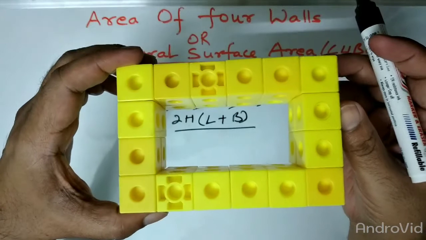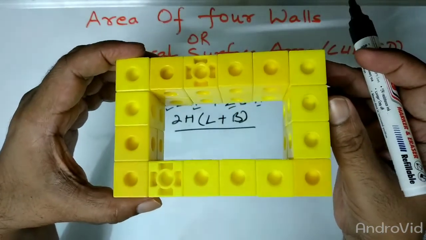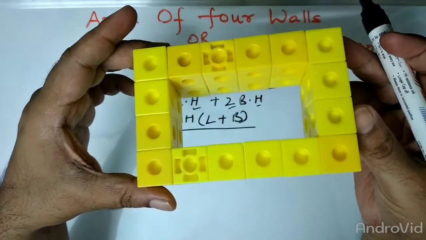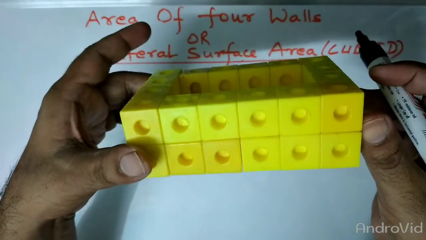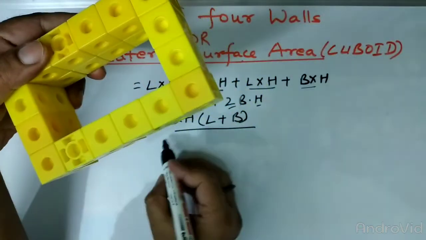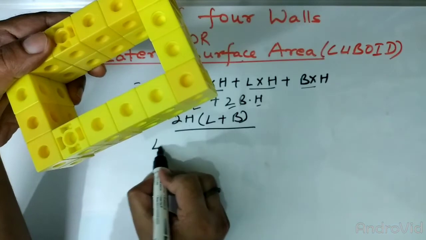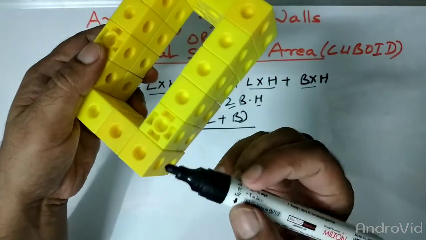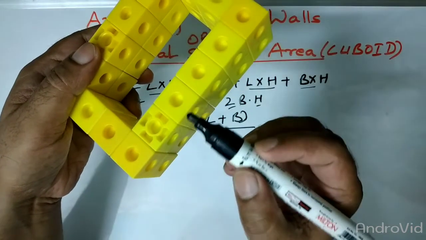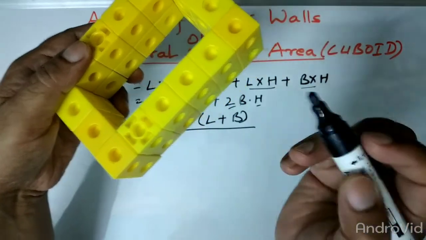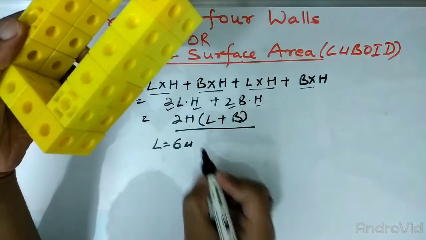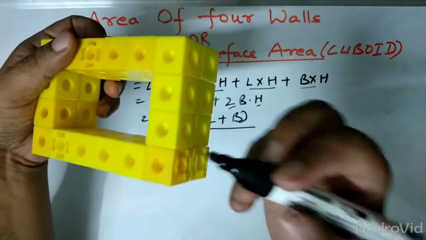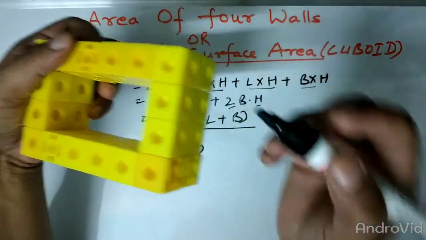Fine. So now let us calculate what will be the lateral surface area of this section. So if I take the length, what will be the length here? It will be 1, 2, 3, 4, 5, 6 unit length. And what will be the breadth here? 1, 2, 3, 4.